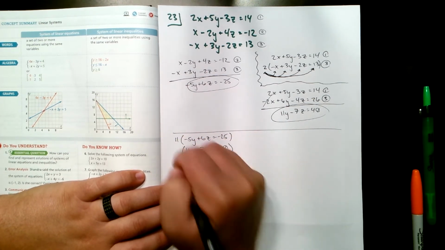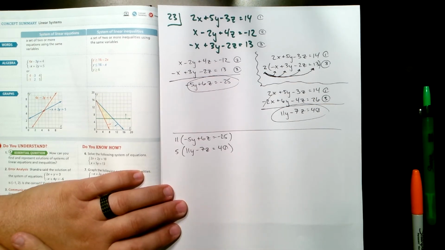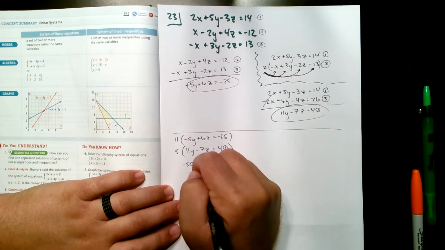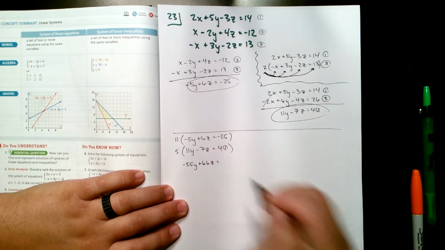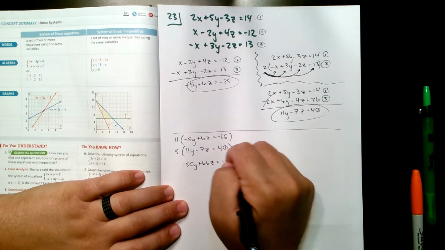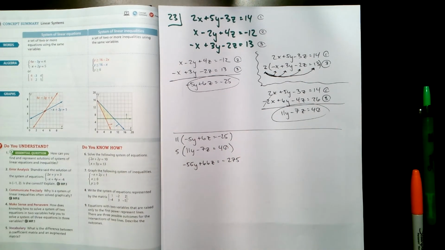So I think I'm going to go ahead and do the y's. And here's the first thing that stands out for me. If I take this first equation and multiply it by 11, and I take the second equation and multiply it by 5, what's that going to give me? Negative 55y plus 66z equals negative 275.